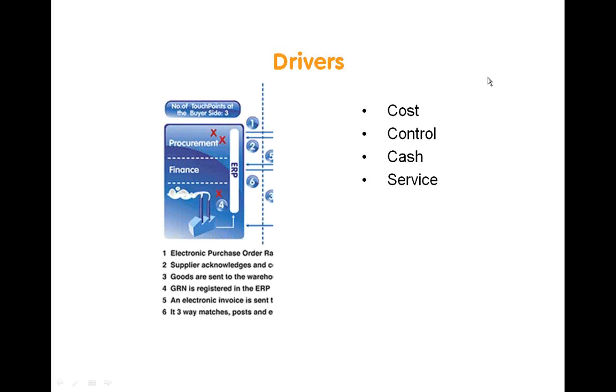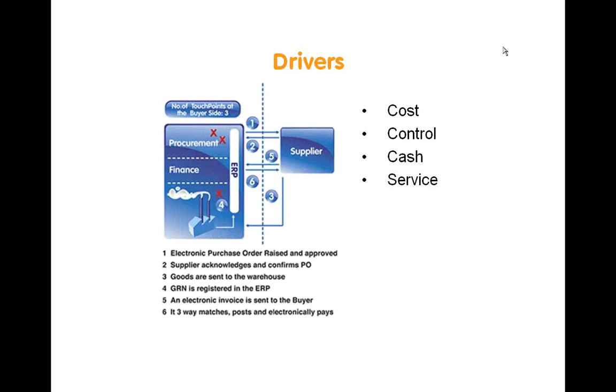Let's have a quick look, and it's going to be a quick look because I'm keen to get into the meat of this presentation, at what the key drivers are today. And many of them will chime with you. The key drivers for e-invoicing are largely around cost reduction, better control within the organization, a better view of what your liabilities are, and a better understanding of what your cash flow position is and will be, cash flow forecasting.